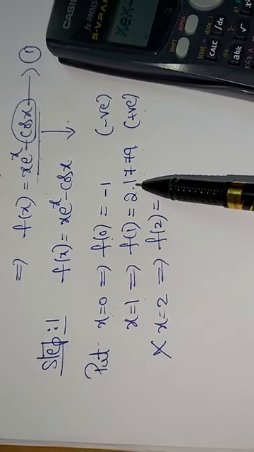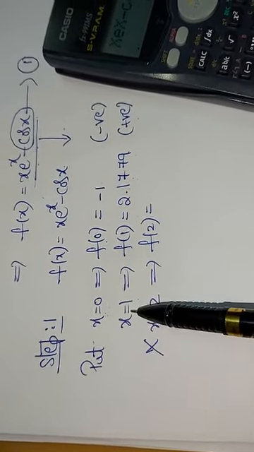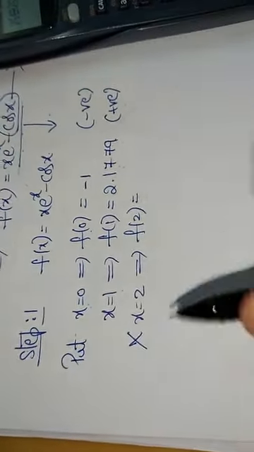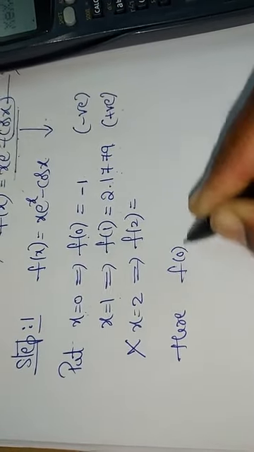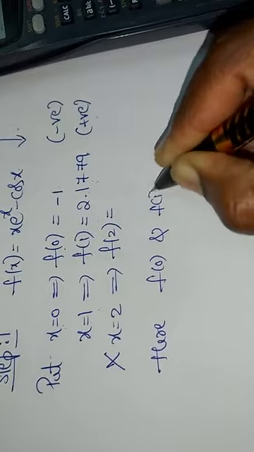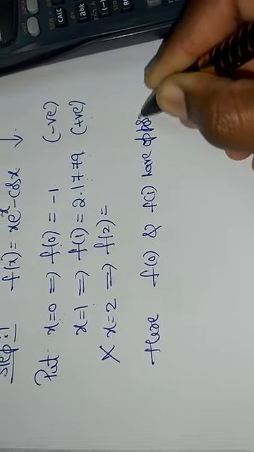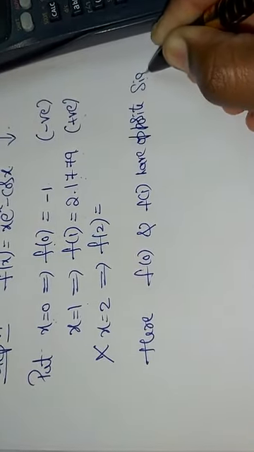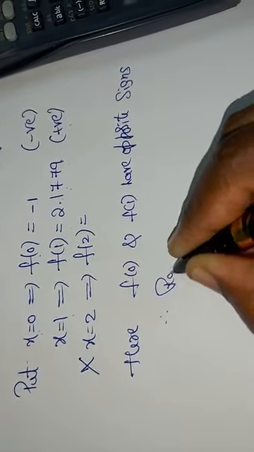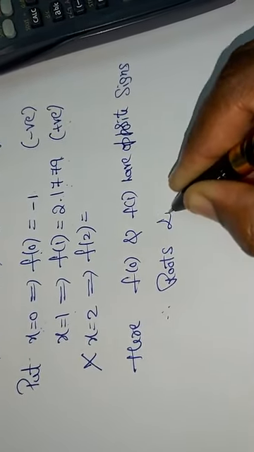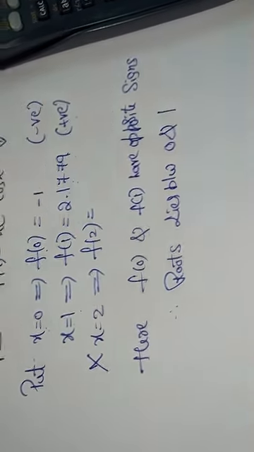By applying the intermediate value theorem, the root lies between 0 and 1. So f of 0 and f of 1 have opposite signs, therefore the root lies between 0 and 1.